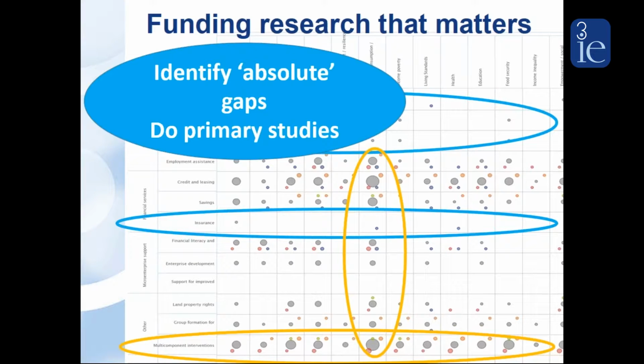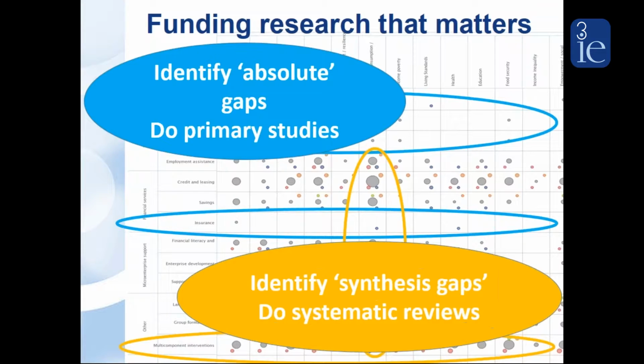So that indicates that there might be a synthesis gap where it might make sense to do a systematic review. So in this way, before we do a systematic review and invest the resources in those, we can get an idea as to whether it's worth doing that.